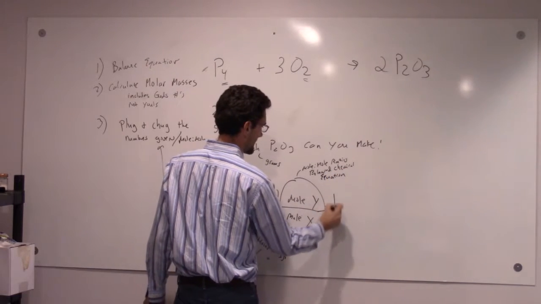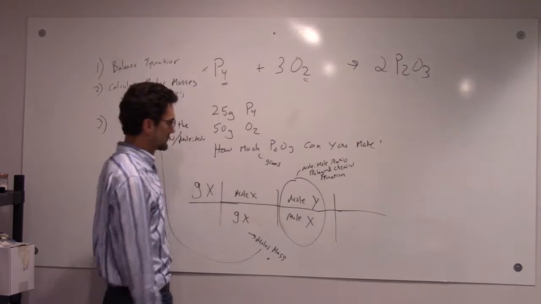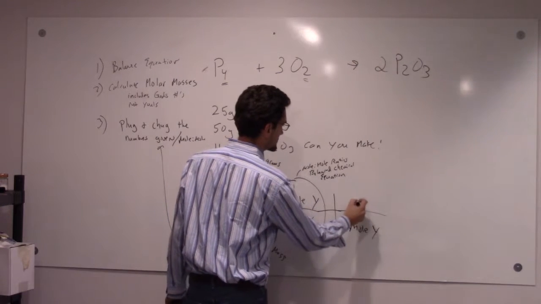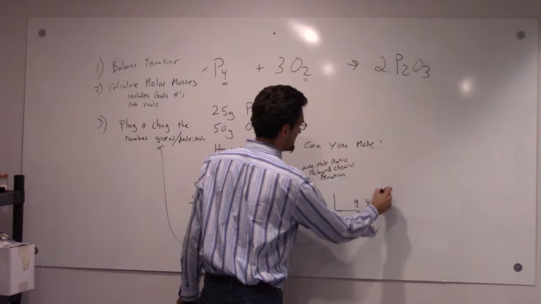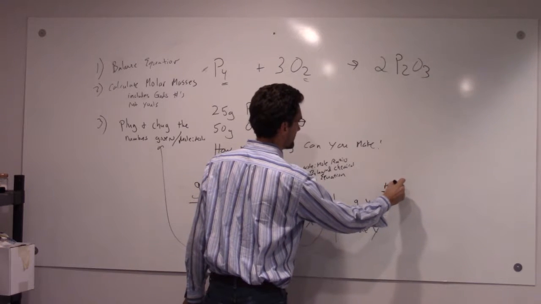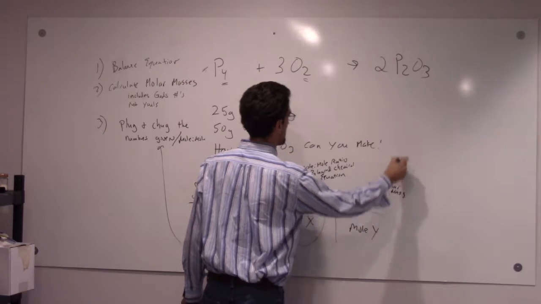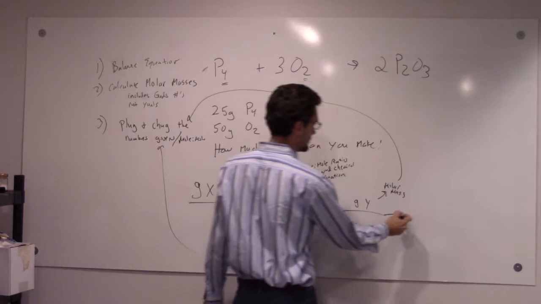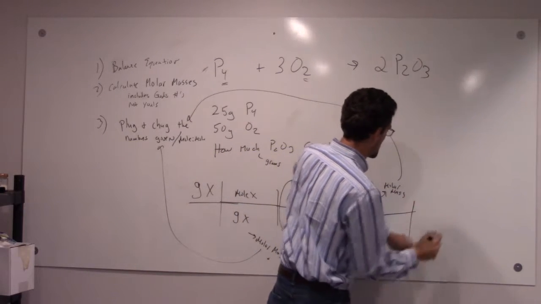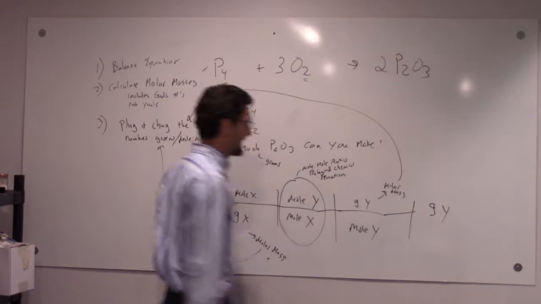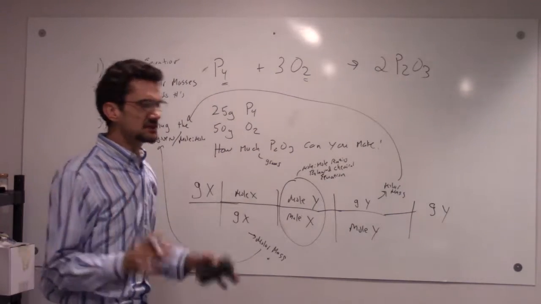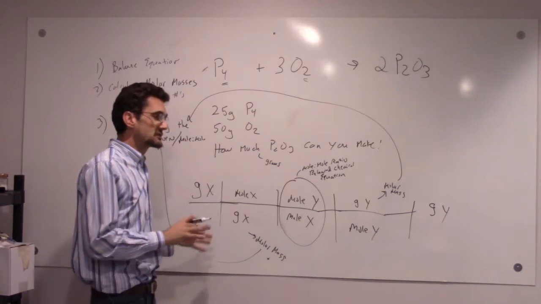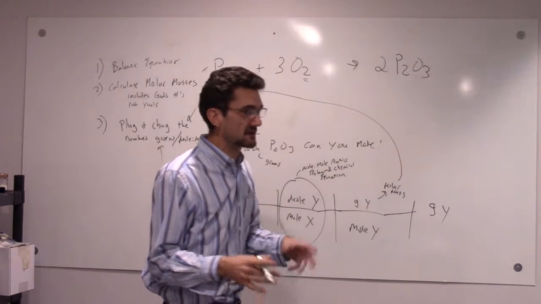Once you do that, then you're back doing your molar mass again. You go from moles of Y to grams of Y, and this is based on your molar mass that you calculated over here. And that will give you grams of Y. Now, these units are horrendously important to keep track of so that when you go to cancel, you'll know that you got the right answer.